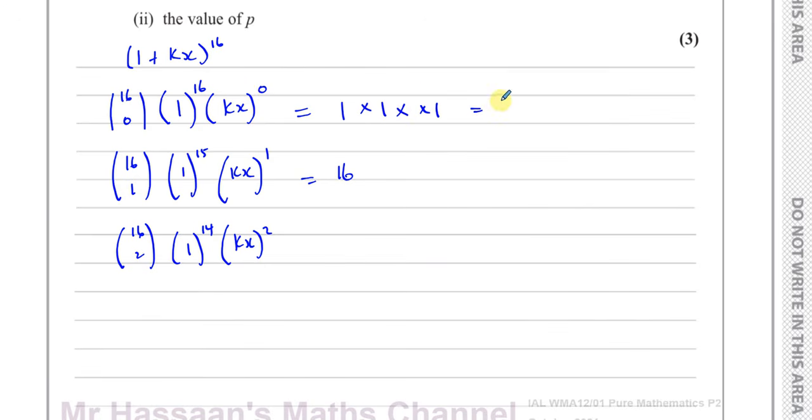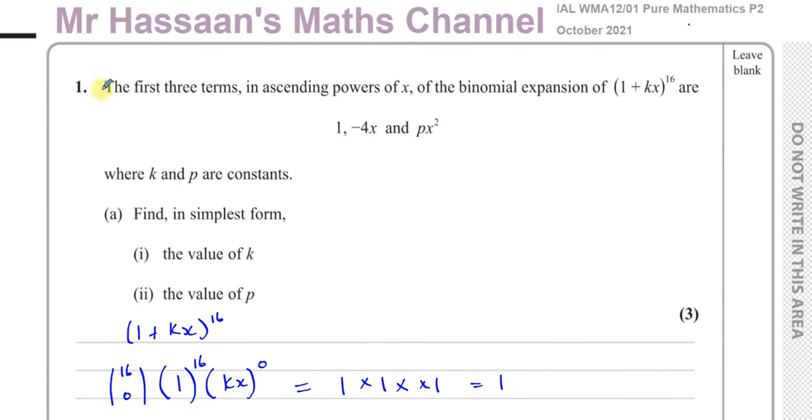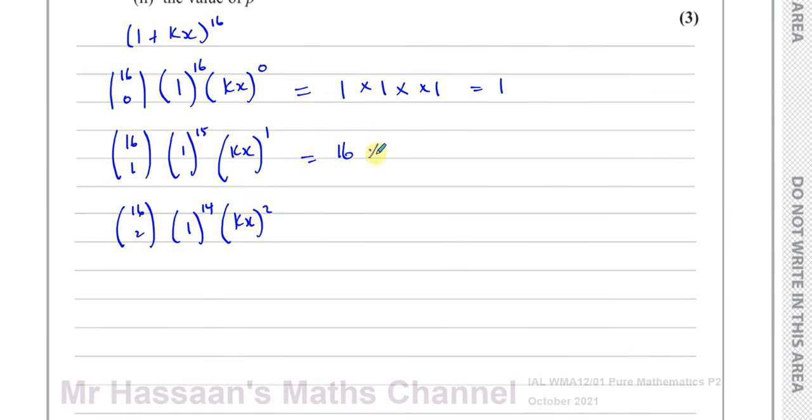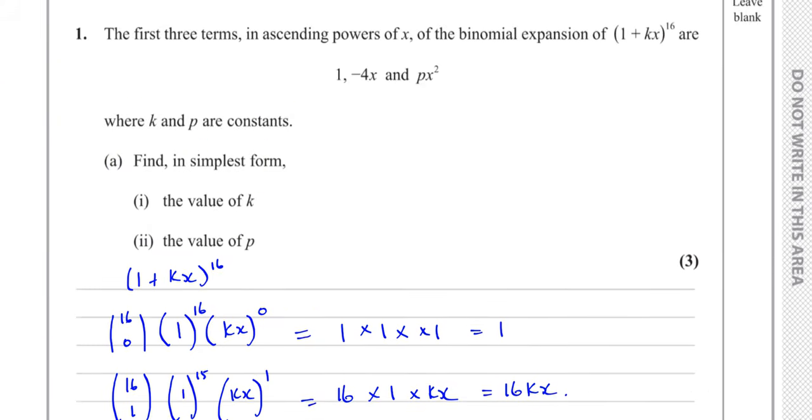So the first term is going to be 1. And the second term is going to be 16 times, again, 1 to the power of anything is 1, and kx to the power of 1 is kx. So the second term is 16kx.